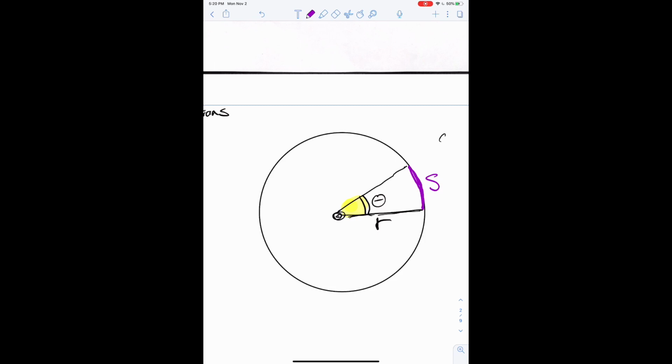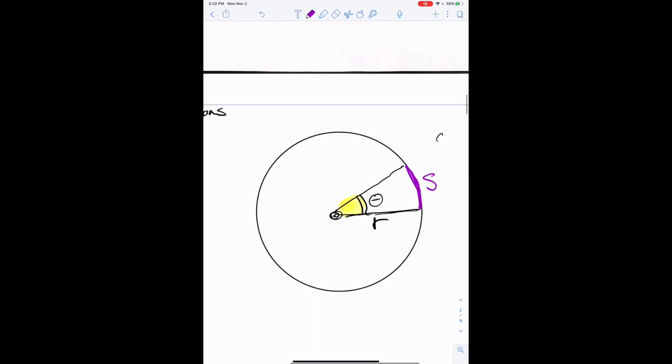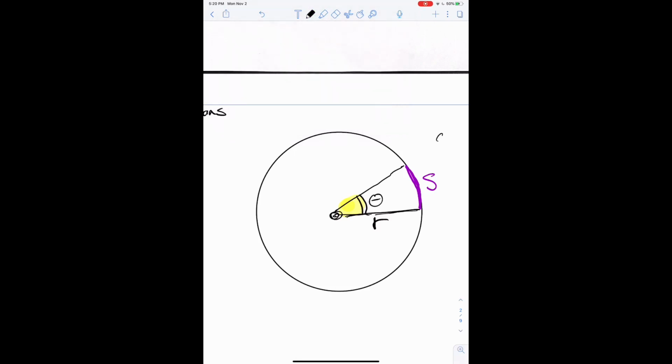Why is this important? Because radians are cool, even though we like degrees, or I like degrees, right? 360 degrees once around the circle, super easy. The reason why radians are also cool, or maybe even better than degrees, is because of this relationship that you can take this angle, this yellow angle in radians, whatever theta radians is, and multiply it by the radius and get this purple line here and get the arc length.